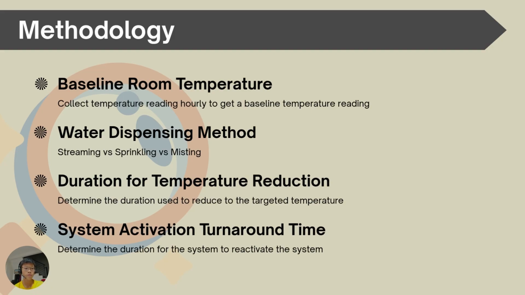Another test that is conducted is to prove which water dispensing method is best: sprinkling, misting, or streaming. The third test is the duration for temperature reduction, to determine the duration used to reduce to the targeted temperature. And lastly, when should the system activate again?